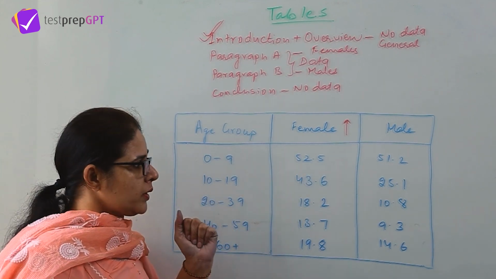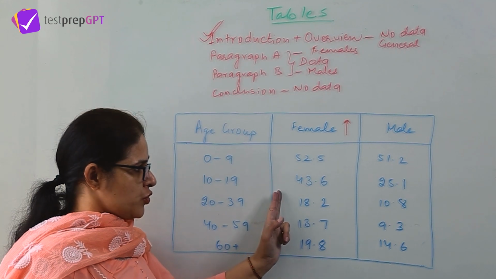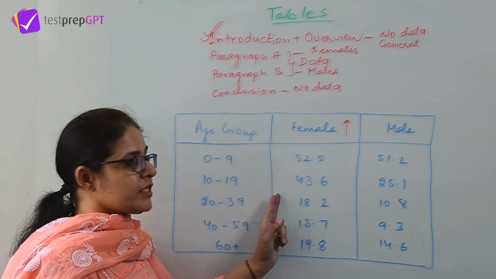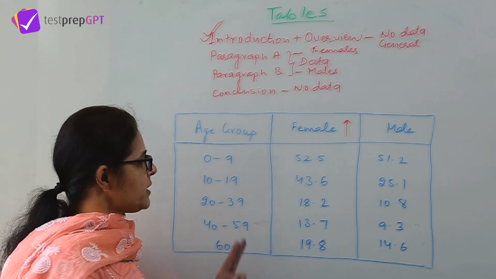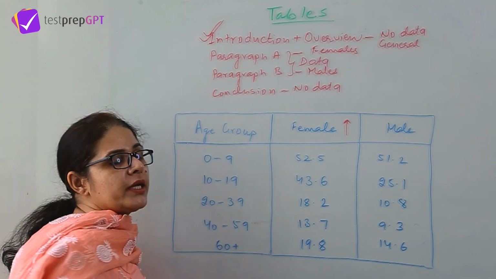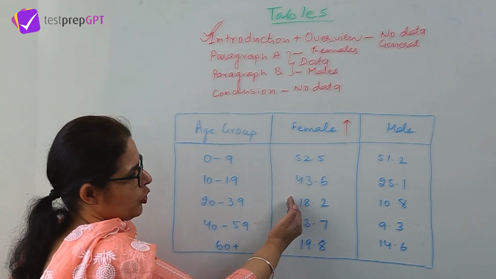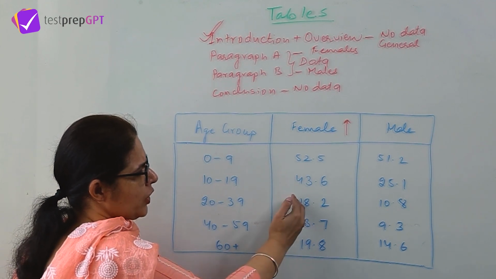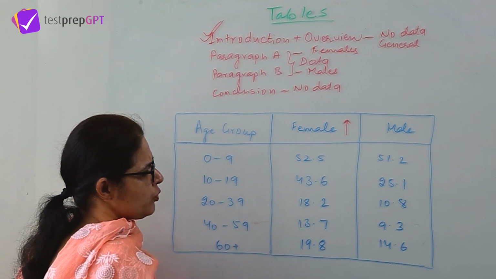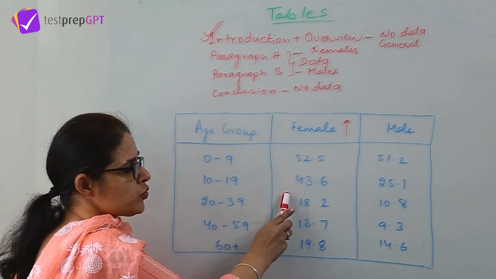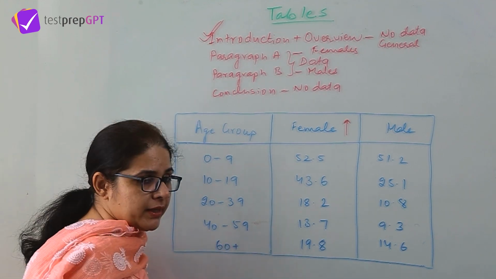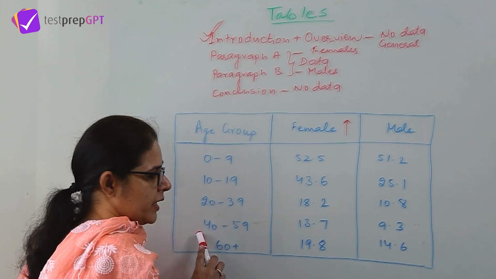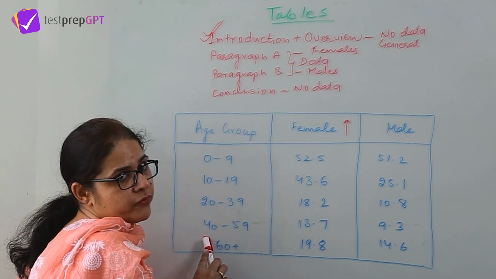Then full stop. This percentage decreased to 43.6 for females aged between 10 to 19. And then you can talk about these 3. These are almost equal, 18.2 and 19.2. So you can talk about these in one single sentence. And then finally in the paragraph, you can talk about the age group 40 to 59.